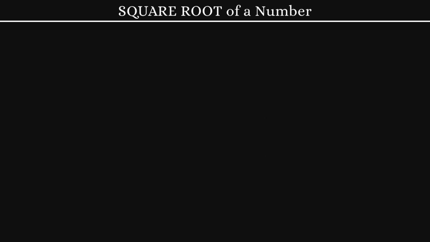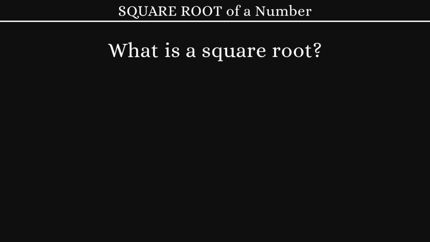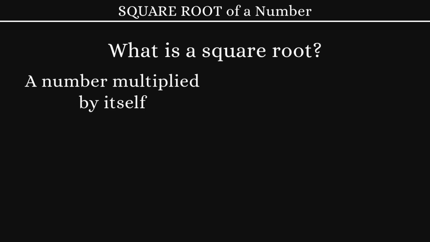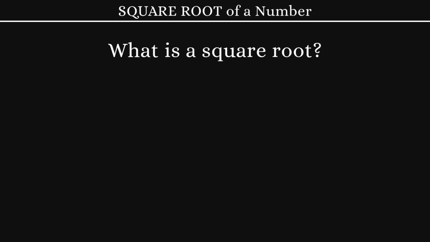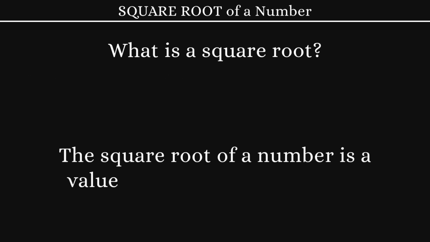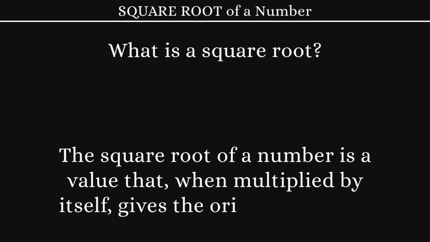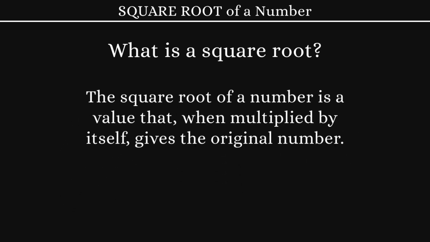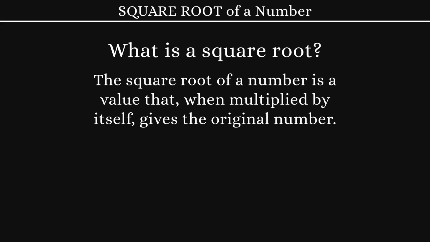So let's get started. Before learning the method, let's quickly understand what a square root is. When you multiply a number with itself, you get the square of the number. Now, when you are given the square of the number and asked to find which number, when multiplied by itself, will give this number, that becomes the square root of the number.